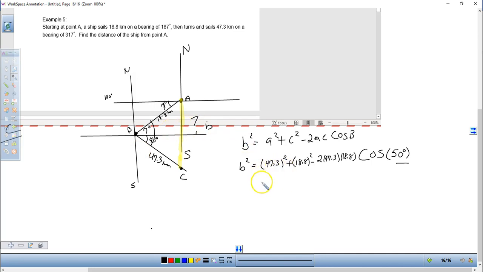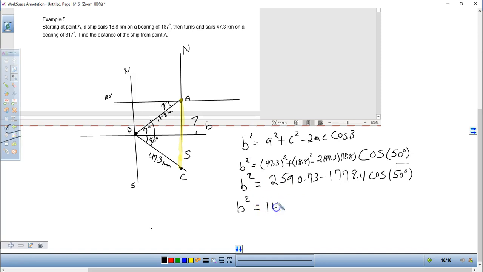So now I'm going to start filling in my numbers. After I multiply these out, I'm going to get 2590.73 minus 1778.44 cosine 50 degrees. So b squared, I'll go ahead and type these in: 2590.73 minus 1778.44 cosine 50.